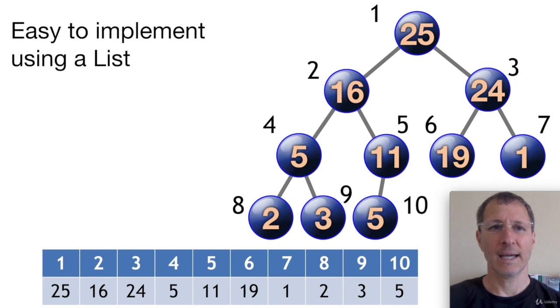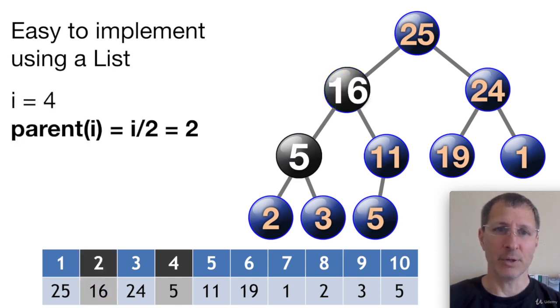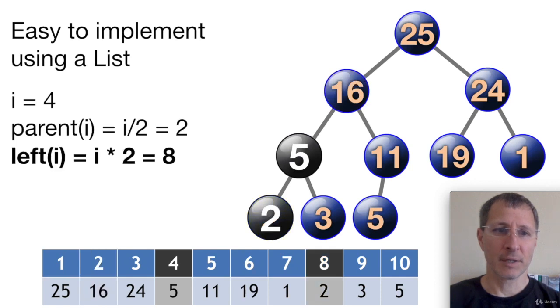So we can instantly access any node in the max heap. Now let's say we wanted to access the 5. We know that the index is 4. This is index number 4 for this 5 node. Now we can also access 5's parent, which is the 16. We simply divide the index by 2. So this 4 divided by 2 gives us the index of 5's parent node, which is 16. And if we want to access 5's children, it's the same thing.